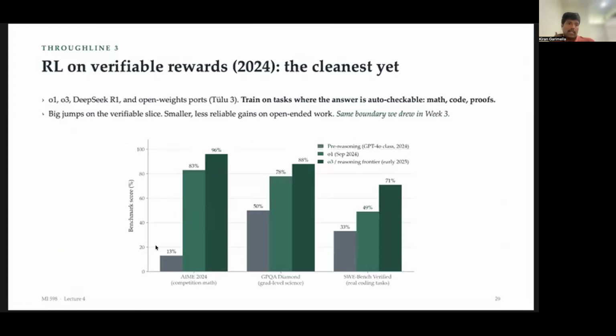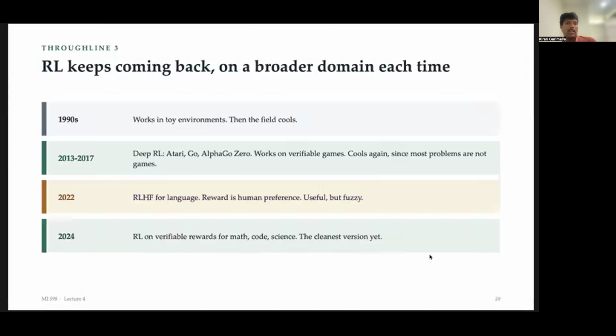Previously, benchmarks for math and grad-level science were very hard problems for these models. But once you have these thinking models, and these are all domains where you can have a verifiable reward, like you can have a success or not, right? Math proofs, science, grades. You can grade these assignments, and coding, is the code successful or not.